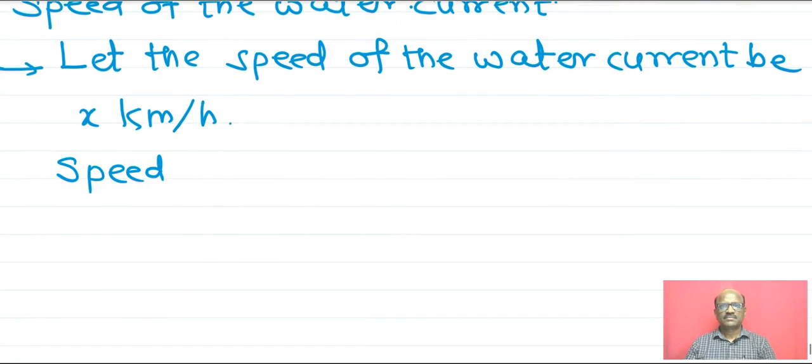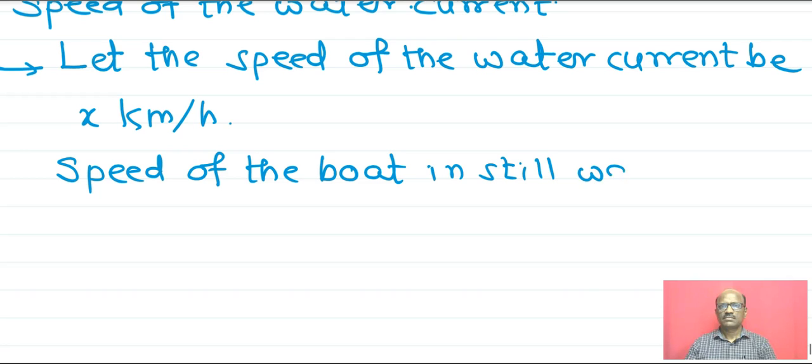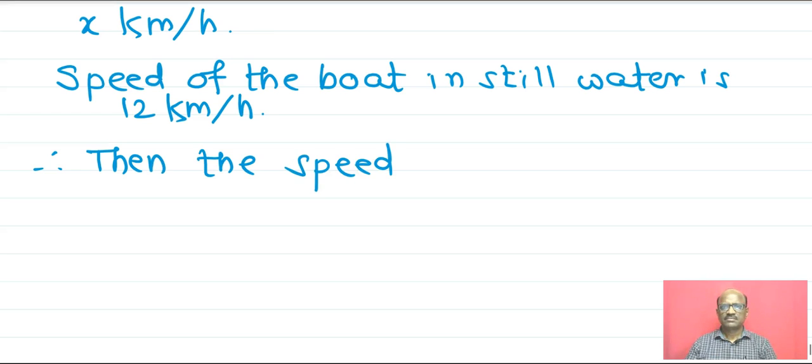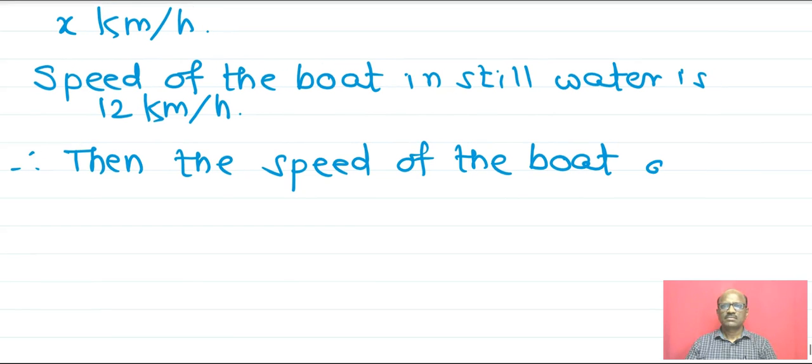Therefore, the speed of the boat in still water is 12 km per hour. It is given. But in case of downstream, the speed of the boat in downstream will be more, that is x plus 12.